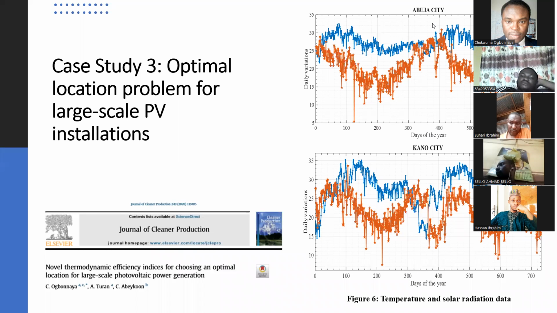This data is from Nigeria. We have Abuja data and Kano data, the temperature and solar radiation data. By looking at it, where do you think PV generation per annum might be higher? Any comments?